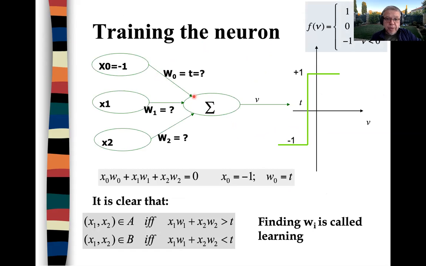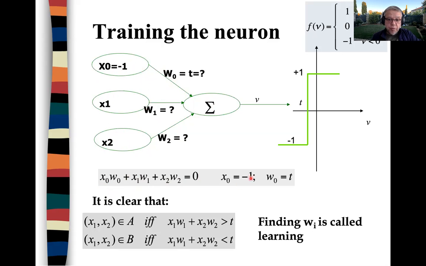So again, we have a perceptron. This is our input. We have -1 here, the threshold, and then this is our first input weighted by W1 and our second input weighted by W2. We sum the whole thing: x0 W0 plus x1 W1 plus x2 W2.